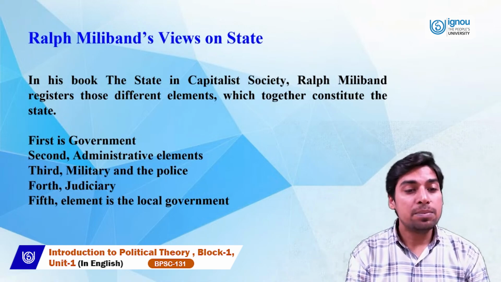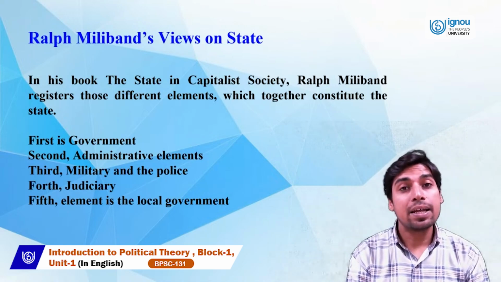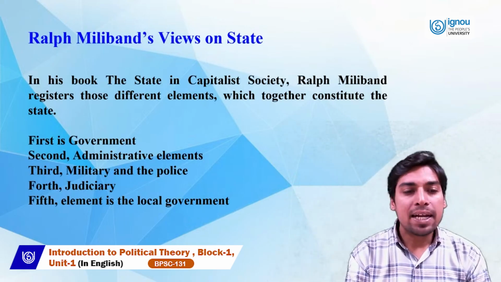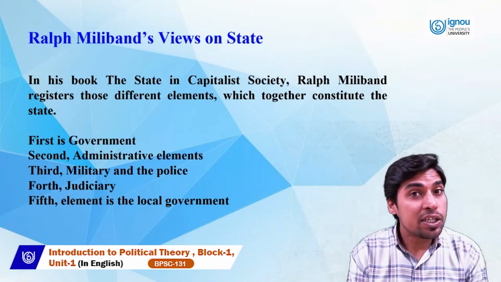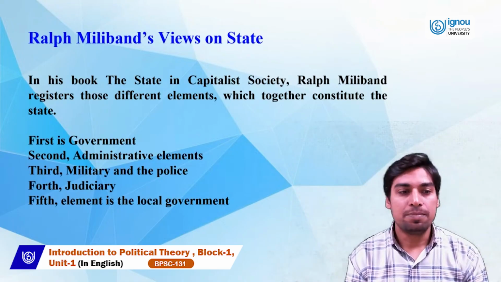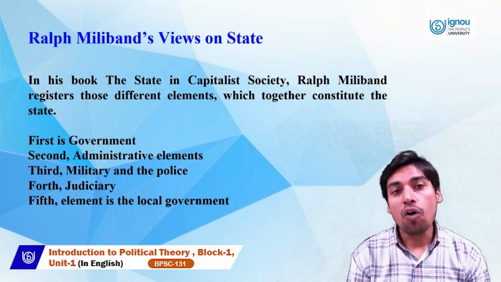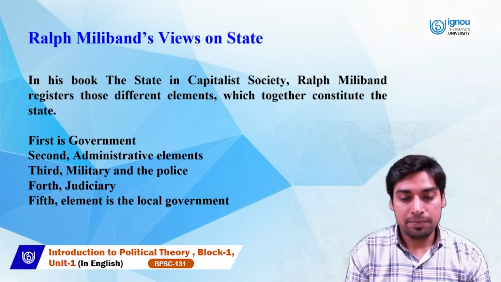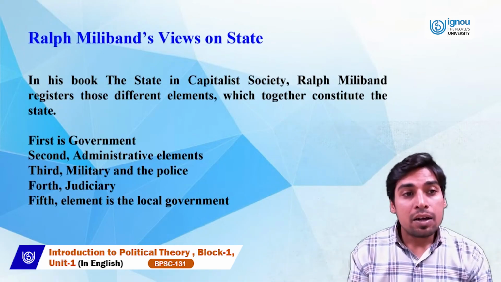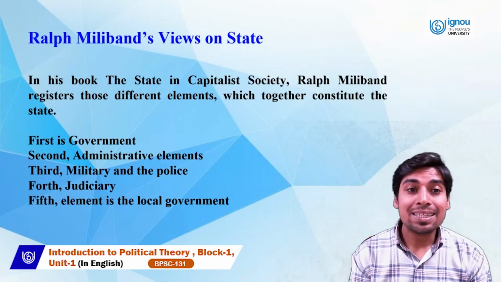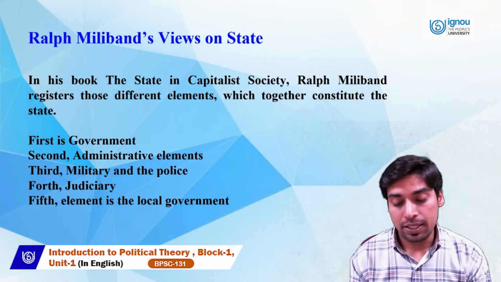Second is administrative elements, like bureaucracy. Third is the military and the police, mainly related to force. Fourth is the judiciary, that is, judicial aspects of the state. Fifth element is the local government. These are Ralph Miliband's views on the state, described in his book The State in Capitalist Society.